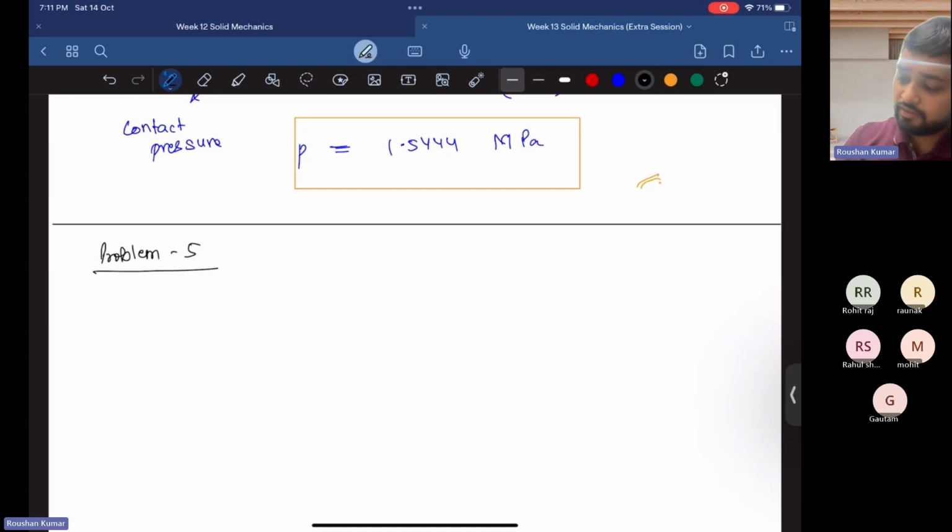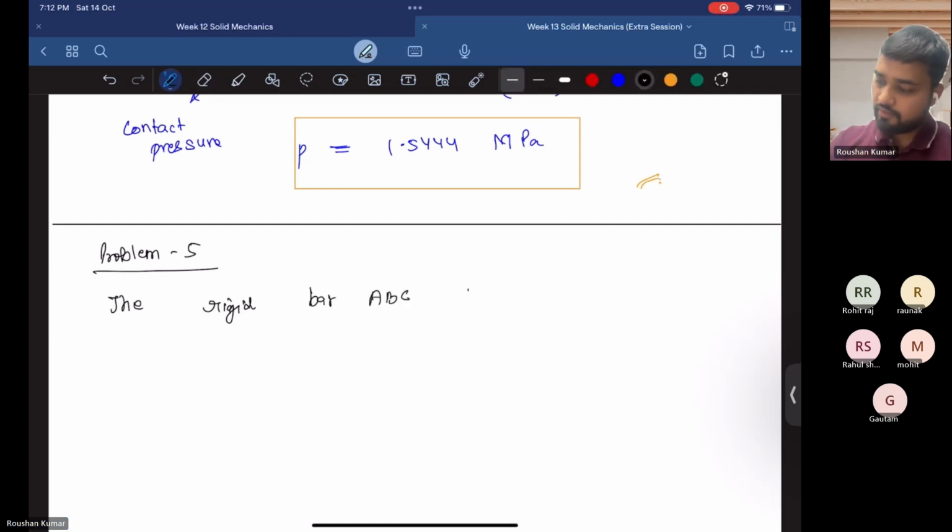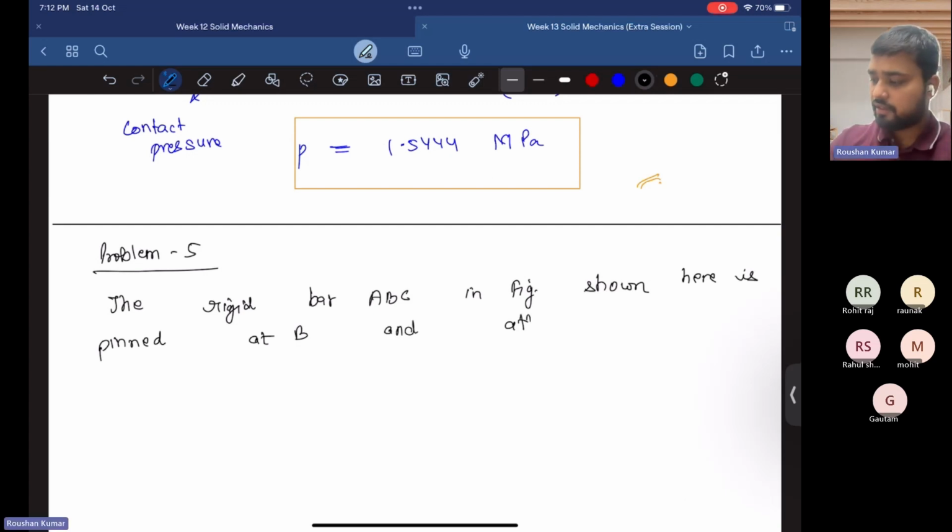So the question is, the rigid bar ABC in the figure shown here is pinned at B and attached to the 2 vertical rods.